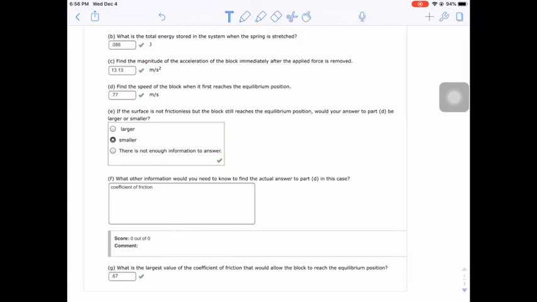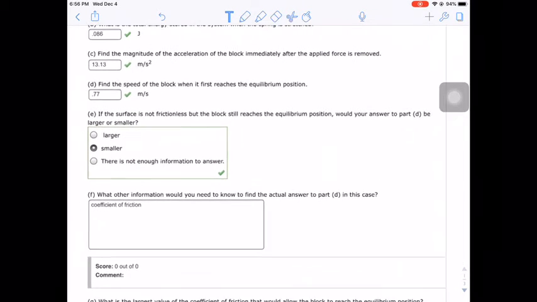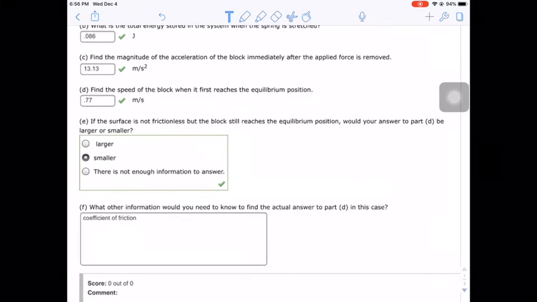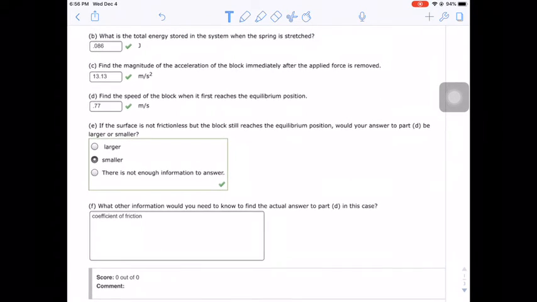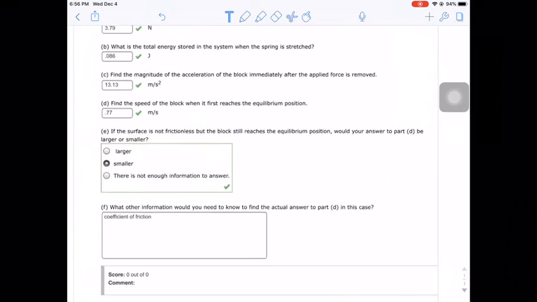If you add friction, and it still reaches that position, it will reach it at a slower speed, since friction opposes motion and slows that block down. So the answer should be smaller. That was a hard question that some people get wrong. They have to understand how friction works.